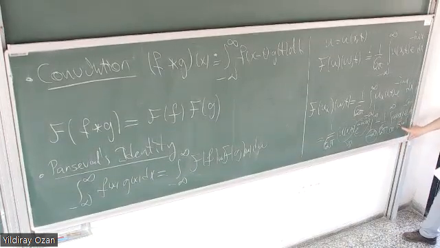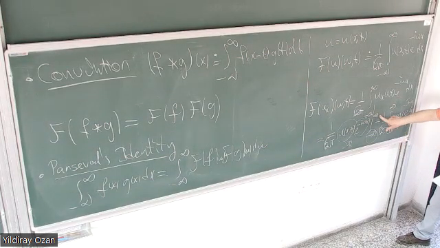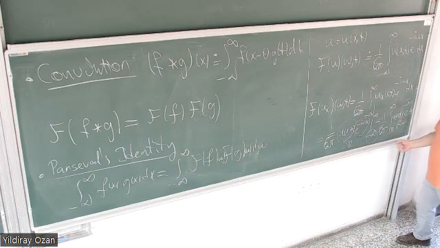This iw comes in front. This became plus. This term vanishes. So what you get is just the Fourier transform of u back again, right? Yine u'nun Fourier transformunu elde etmiş oluyoruz.